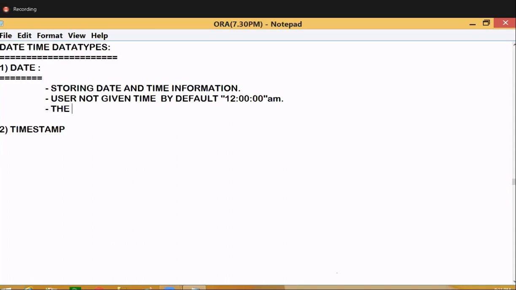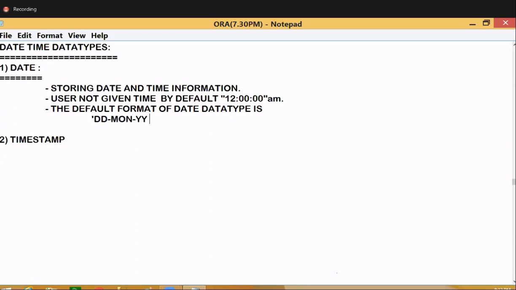If anybody asks you, the default format of the date data type is: open a single quote, we should compulsorily open a single quote, then DD-MON-YY or YYYY, and close the quote. So this is what it is.